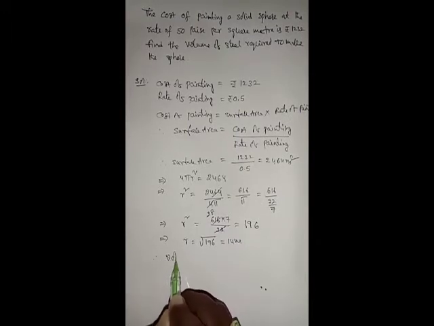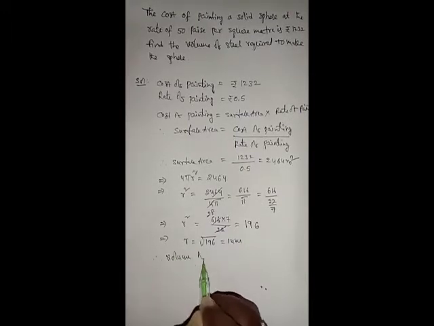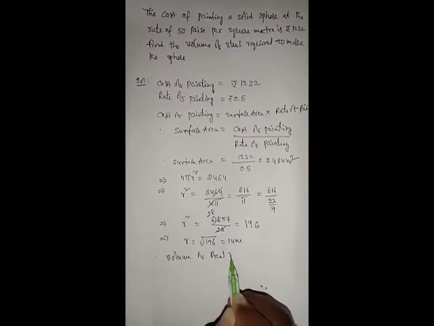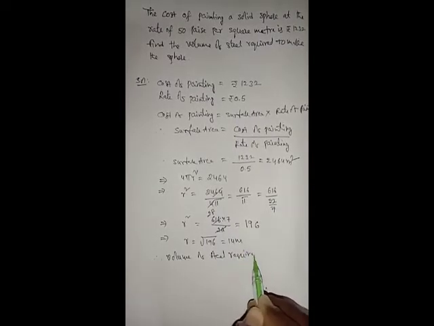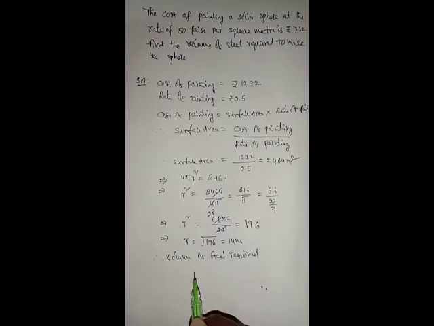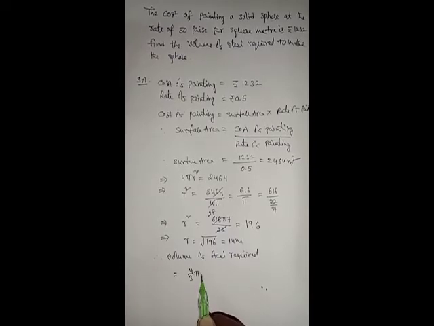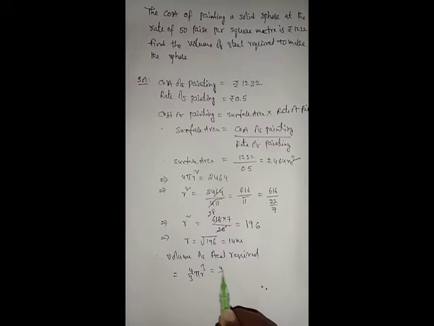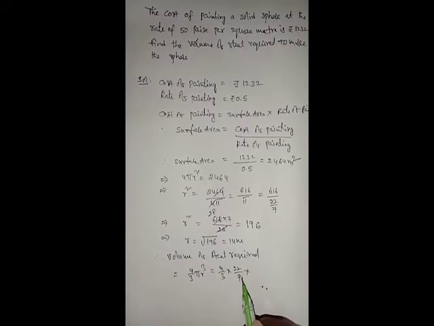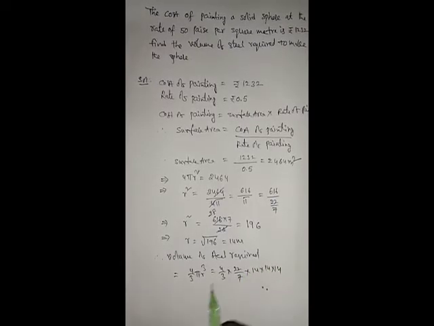So what do we want? The volume of steel required. How do we get the volume of steel required? We have the formula: 4 by 3 πr cube. So 4 by 3 into π, whose value you know, is 22 by 7. The r value is 14, so 14 into 14 into 14.